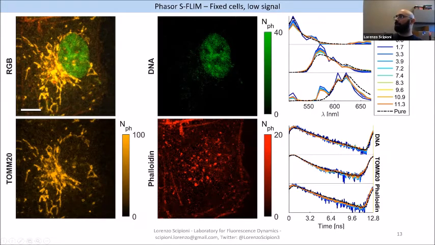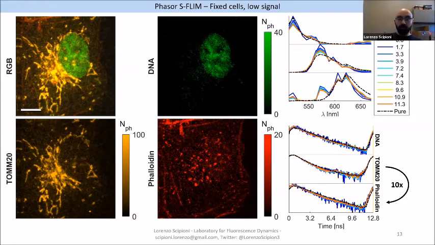So we went down to an average of 0.6 photons per pixel per dye. And then we can see that both the spectra and the lifetime is still recovered pretty well, even when one of the fluorophores, in this case this one, is much brighter than this fluorophore here. Again, here we have a complete overlap of the three signals.